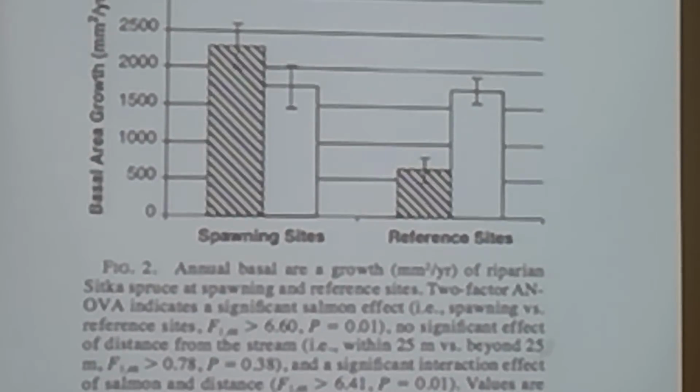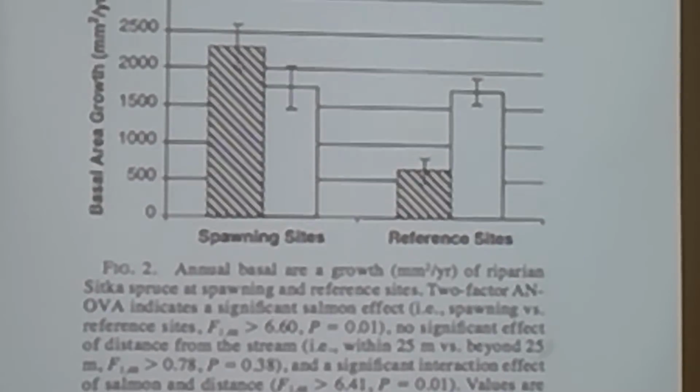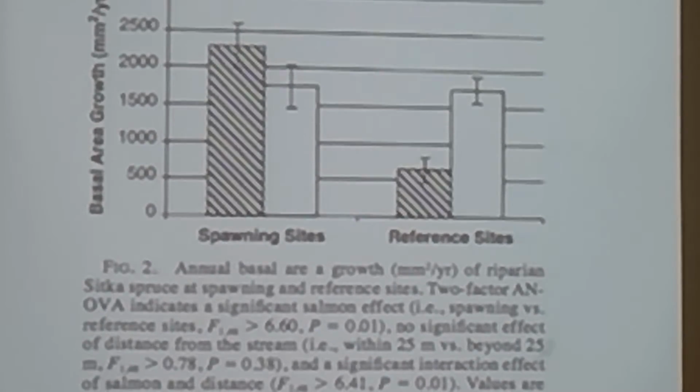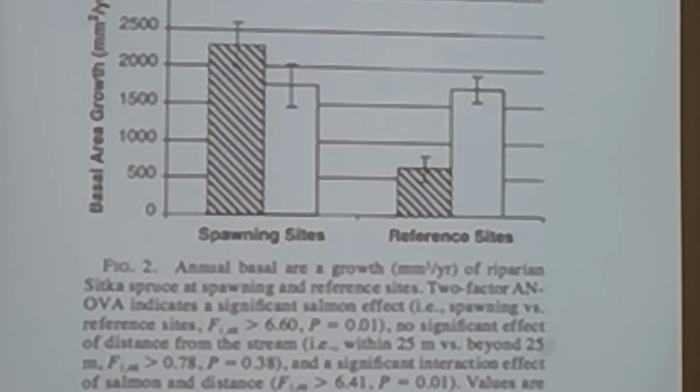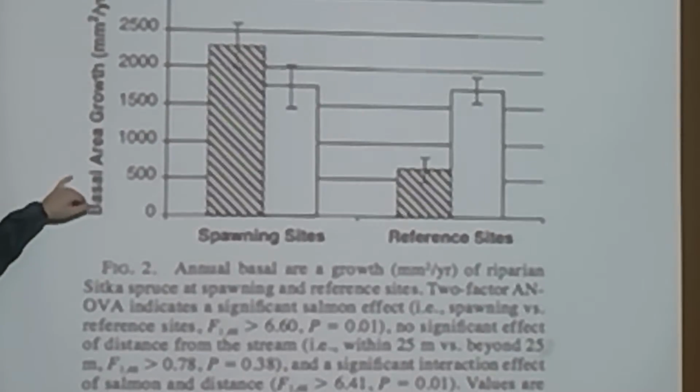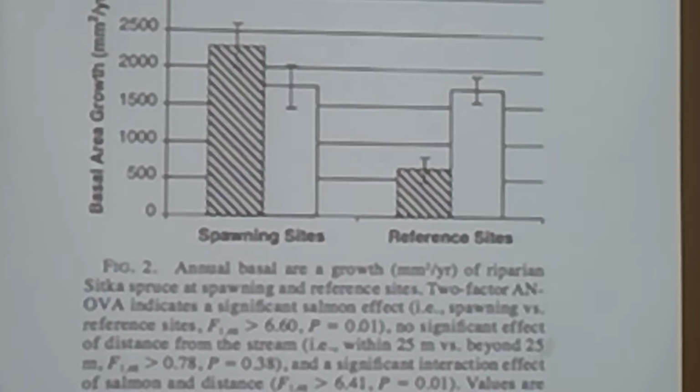What is our response variable on this graph? Basal area growth. What does basal area growth mean? Right. Basal area growth refers to how fat trees get.